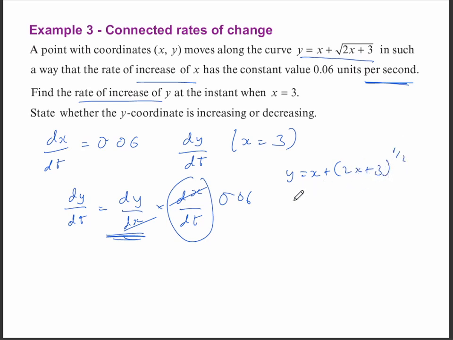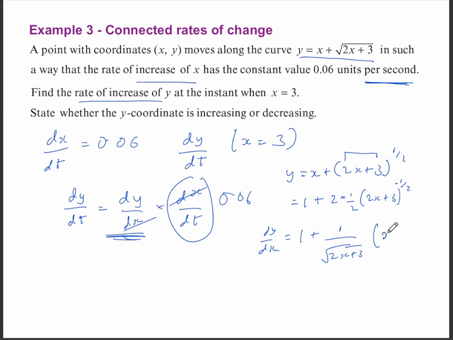And differentiating this will give us 1 plus, the derivative of whatever is inside the bracket, 2, times the power half times the bracket (2x plus 3) power minus 1. So 1 over 2, negative. This will just be 1 plus 1 over root of 2x plus 3. That is our dy over dx.